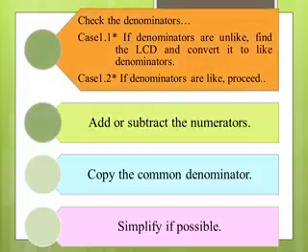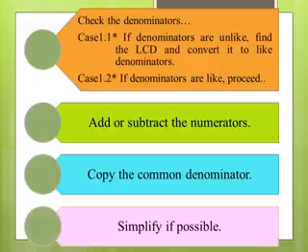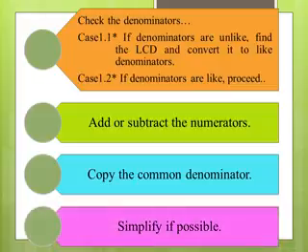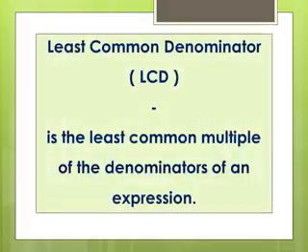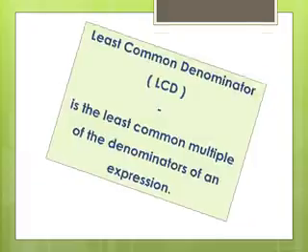Since we highlighted the use of LCDs in converting unlike denominators, we will give meaning to it now. Least common denominator, or LCD, is the least common multiple of the denominators of an expression. And there are techniques to follow in finding the LCD.